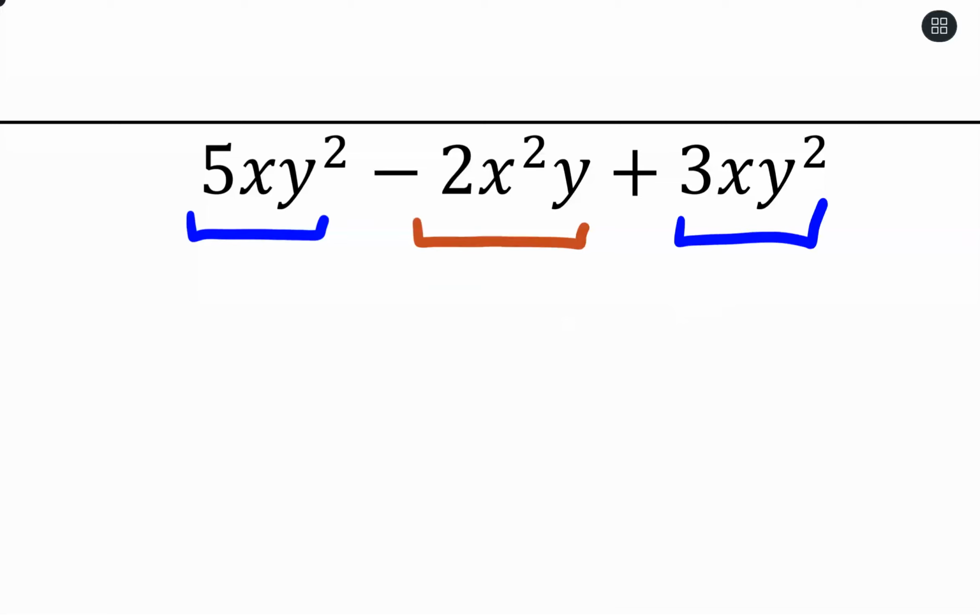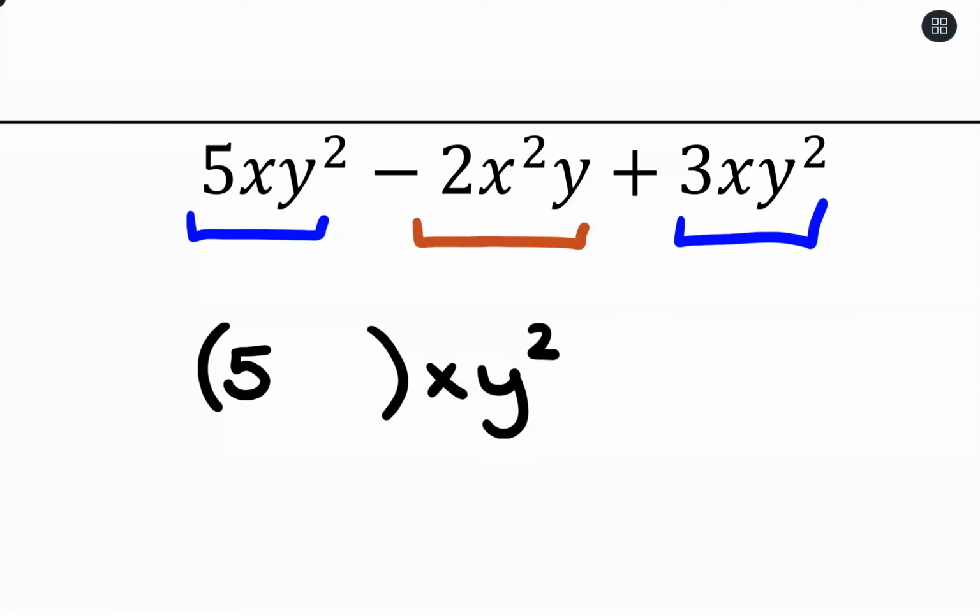So that negative 2x squared y is just going to stay the way it is, but the xy squared terms we can combine together. So combine the xy squared values, and we're going to have a 5 plus 3. Again, I'm just grabbing the numerical part. So 5 and the plus 3.